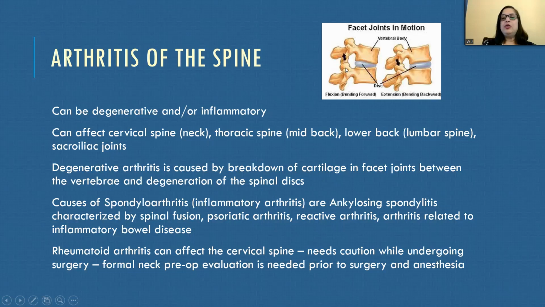Arthritis can affect the facet joints and also cause a degeneration in the disc, causing low back pain and decreased mobility of the spine. Again, spine arthritis is degenerative or inflammatory.